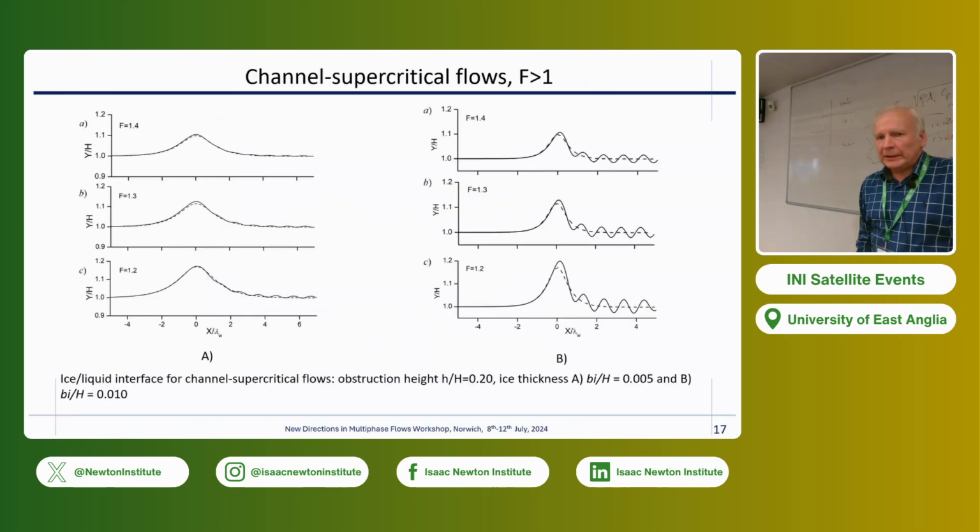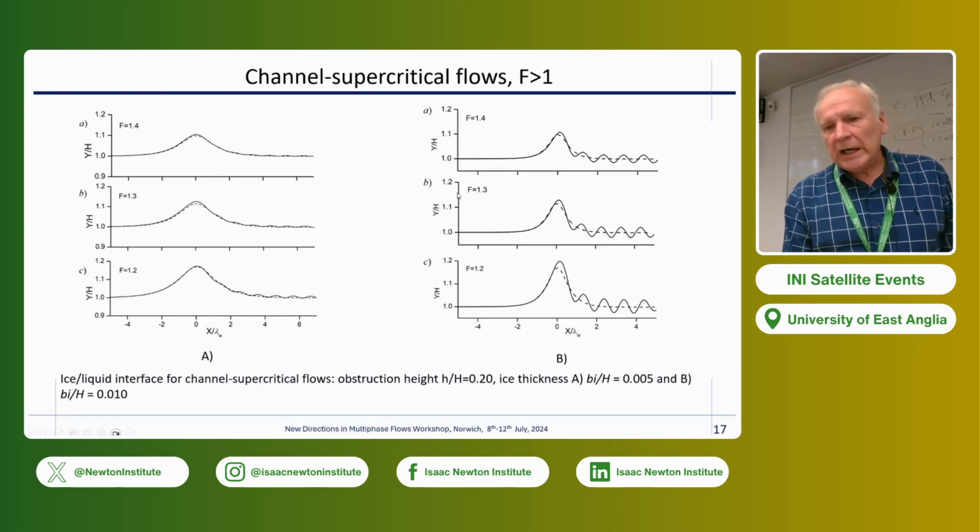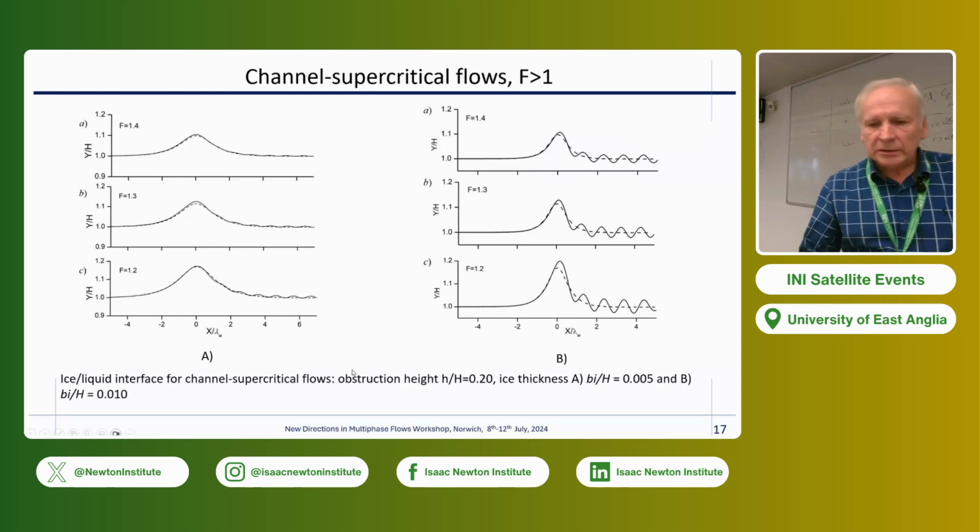For supercritical Froude number, more than 1, without an ice sheet, there are only two solutions: a soliton wave can be observed, and a perturbed wave. In the case of the ice sheet, we found that there is an elastic wave extending downstream.